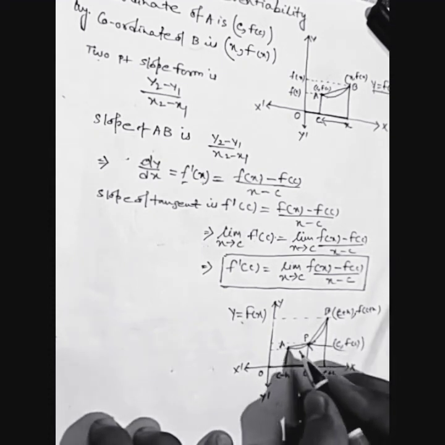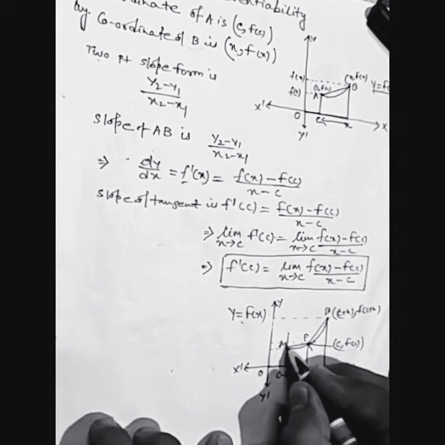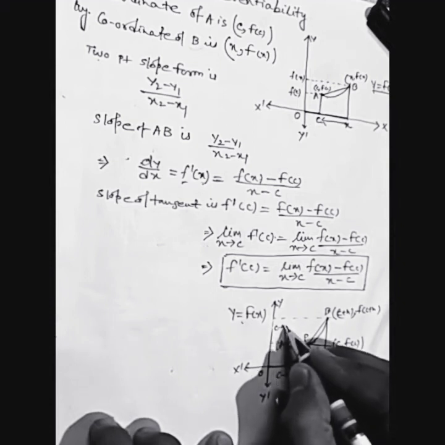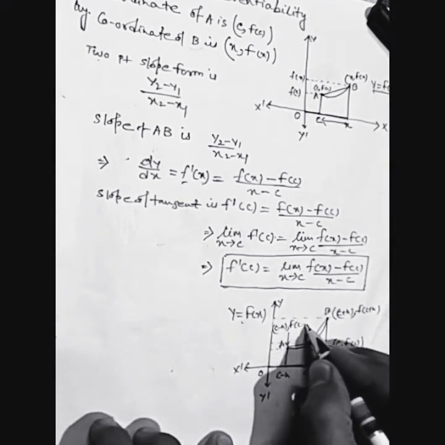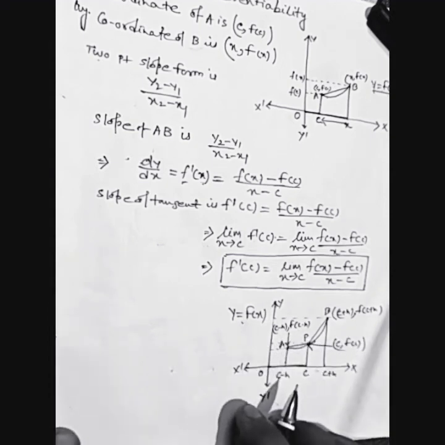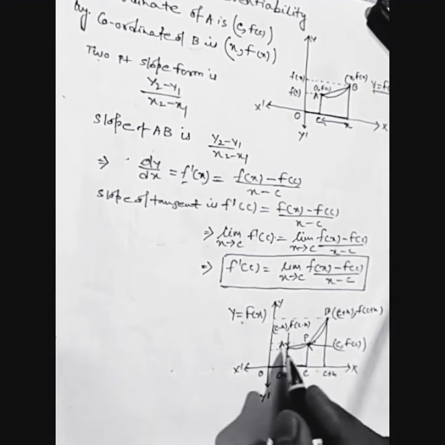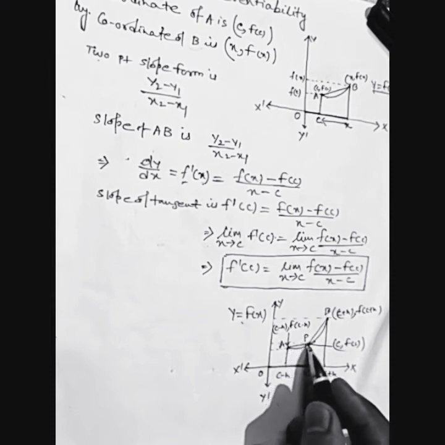Now see, similarly, what is the coordinate of A? The coordinate of A will be C minus H comma f of C minus H. Now let us find the slope of AP.